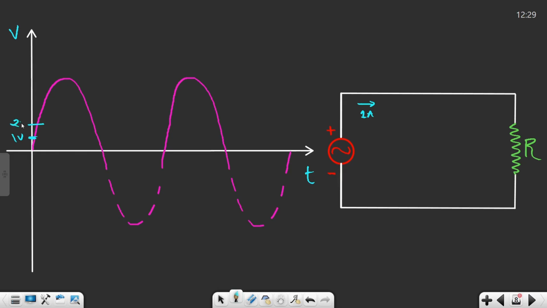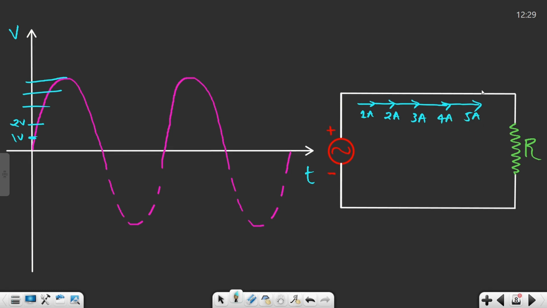At around 2 volts the current will be 2 ampere, so it will move little quickly. 3 volts the current will be 3 ampere, so it will again move little quickly as compared to the previous one. At 4 ampere the current will move little quickly, and at 5 ampere the current will be maximum. It will move very quickly.